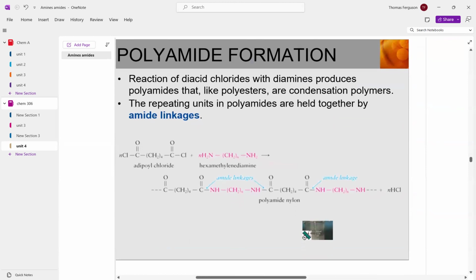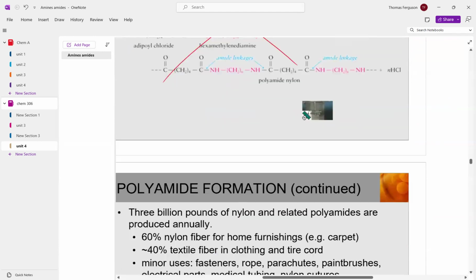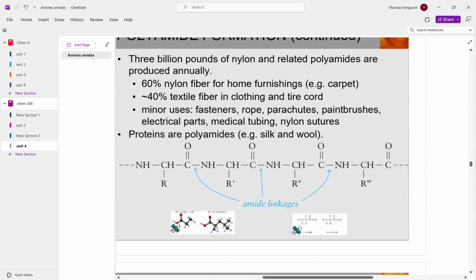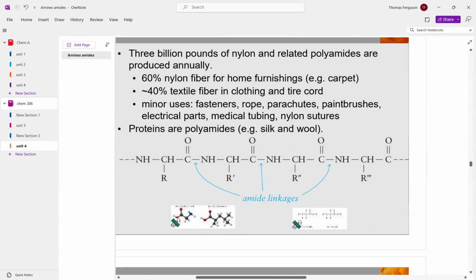Now I said we wouldn't cover artificial polymers, but a lot of plastics are made with amide bonds. You all heard of nylon.